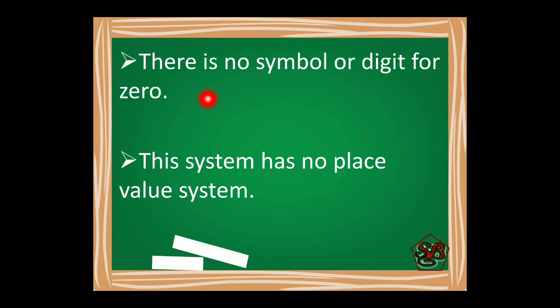And this system does not have any place value system either. Like in the Indian place value system, we have ones, tens, hundreds, thousands, and so on. But in the Roman numeral system, we do not have such place values.